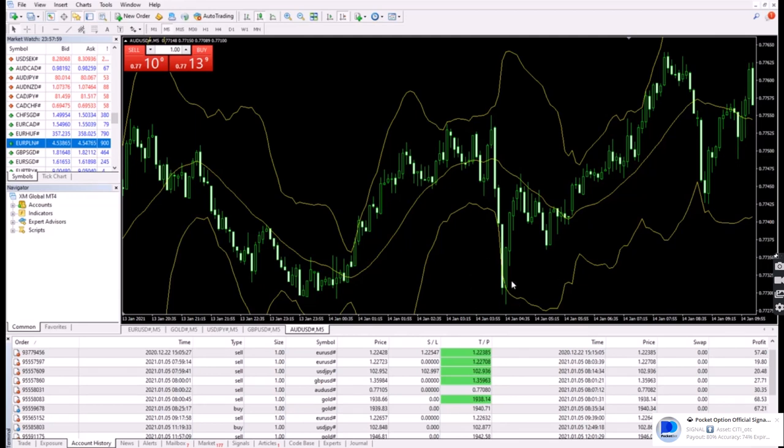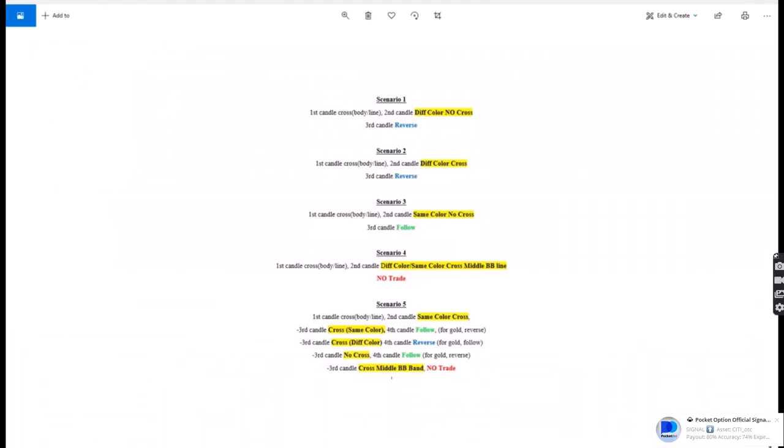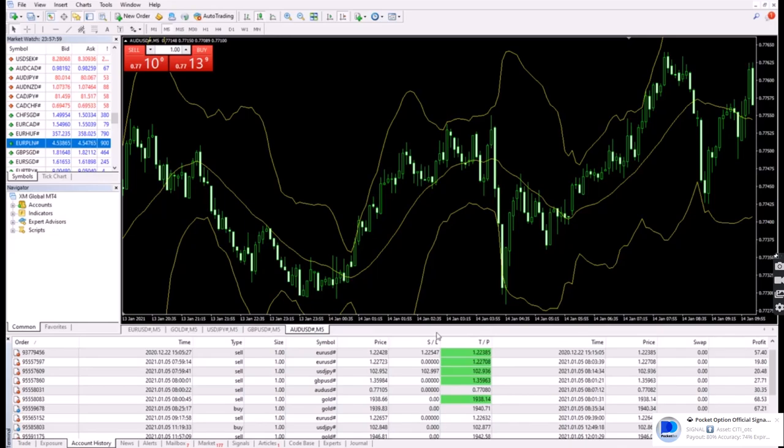One scenario here, do take note, this is important. If you look at this candle, the reason why I put the rule as crosses and never as touch is that you should ignore those candles that touch the line, where you don't really see a very obvious cross. It's not counted as a cross. Okay, very important.